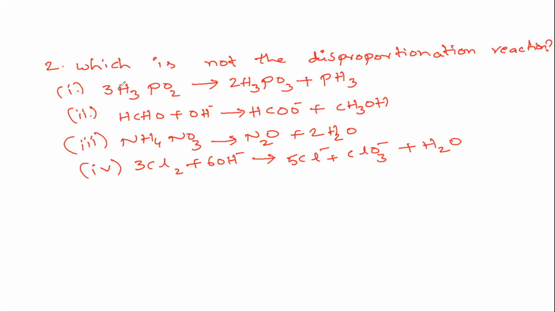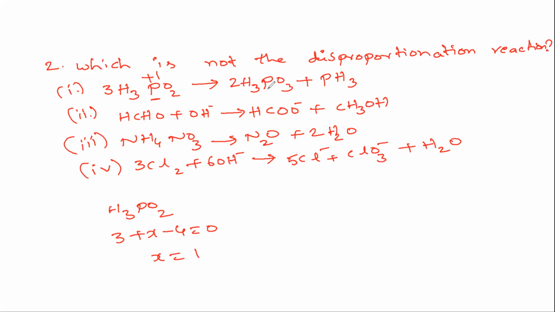So in this clearly we can say, what is a disproportionation reaction? The same element is undergoing oxidation as well as reduction. Let us see here, phosphorus is changing. What is the oxidation state of phosphorus in H3PO2? 3 plus x minus 4 is equal to 0, implies x is equal to plus 1.